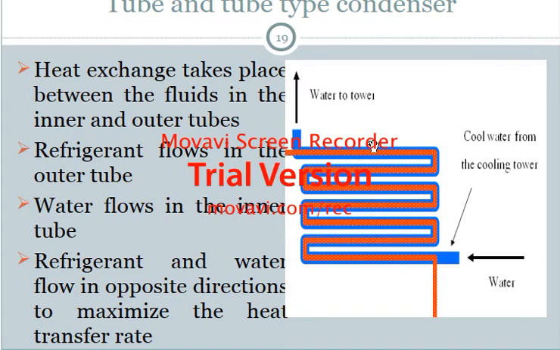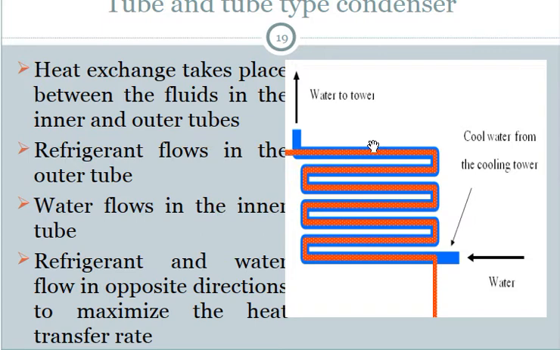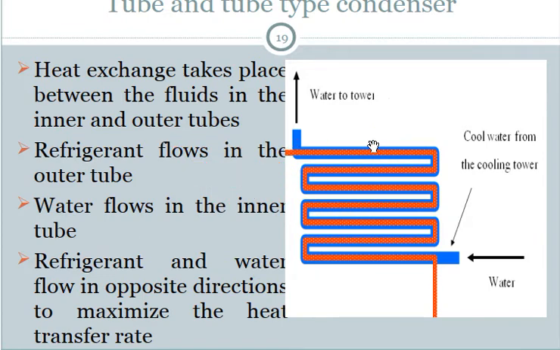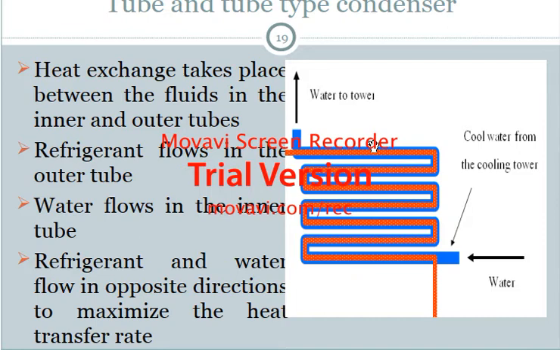When the tube design looks like a spiral, for example, we can see in the figure the red one is the tube design, and the blue one is the shell design. The water goes through the blue line, while the refrigerant goes in the red one. So the same pattern. Heat exchange takes place between the fluid in the inner and outer tubes. Refrigerant flows in the outer tube, water flows in the inner tube, and refrigerant and water flow in opposite directions to maximize heat transfer.